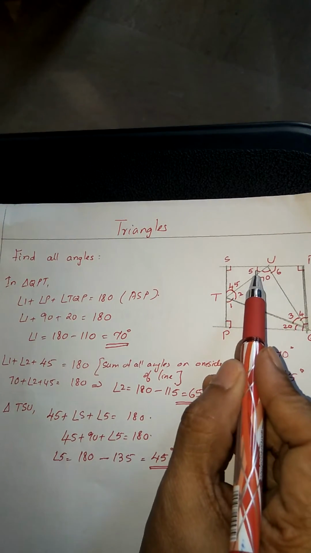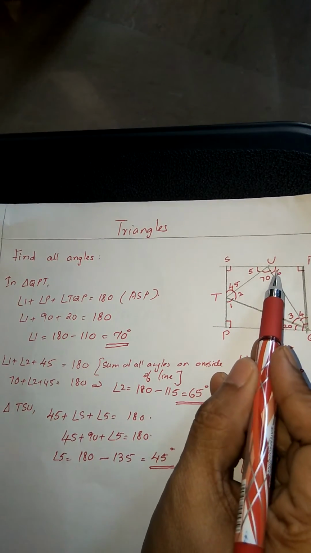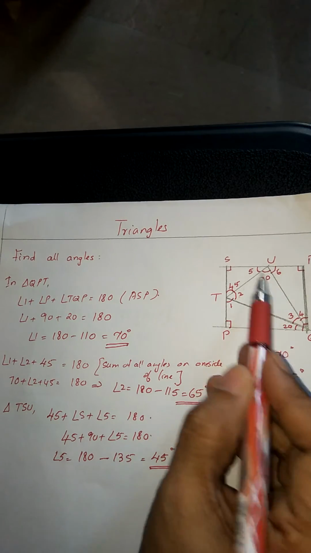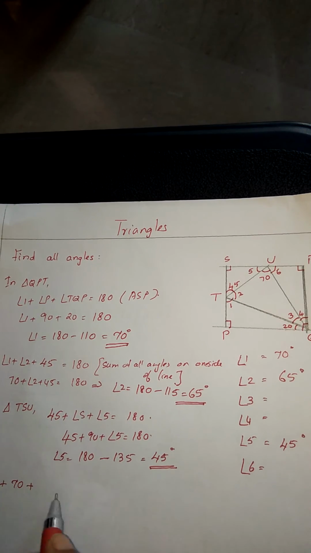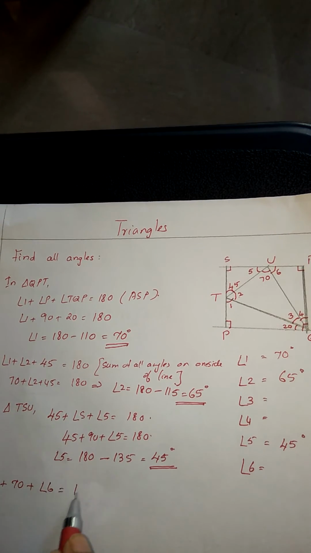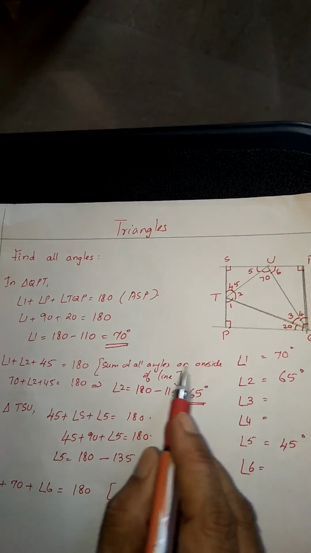Now we will take this. Angle 5, angle 6 and 70 will form 180. So we will write angle 5 plus 70 plus angle 6 is equal to 180. The reason is the same reason.